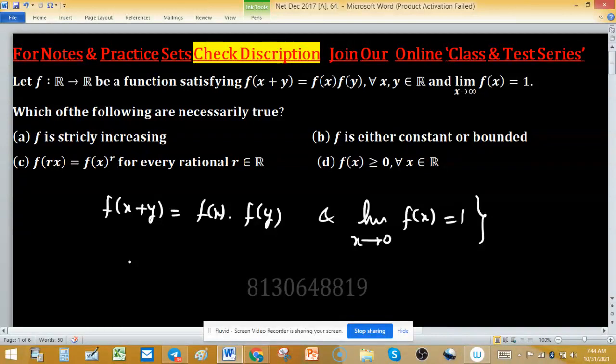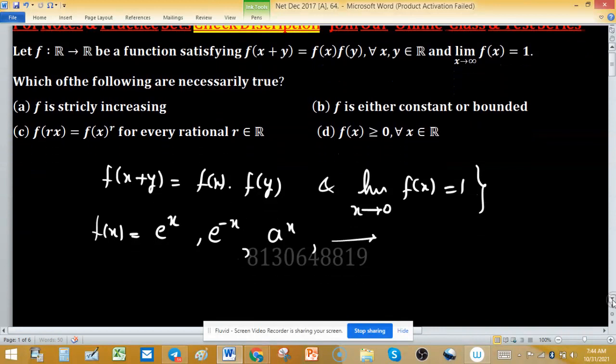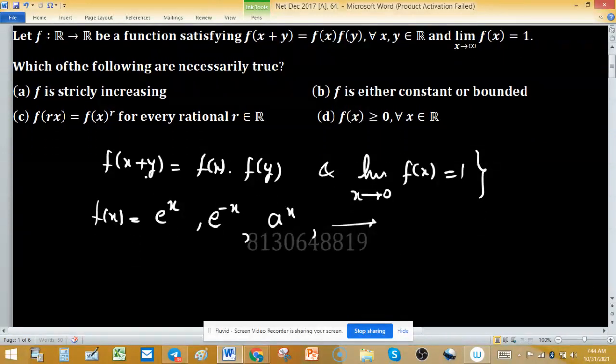For this, to find a function which satisfies the hypothesis, we can consider f(x) equal to e raised to the power x, or e raised to the power minus x. These are a few examples which can satisfy the properties of the given hypothesis. Now we will check each option one by one. We know the graph of this commonly known function.